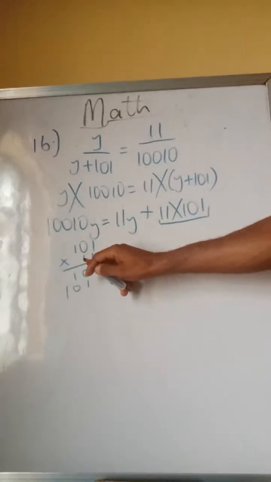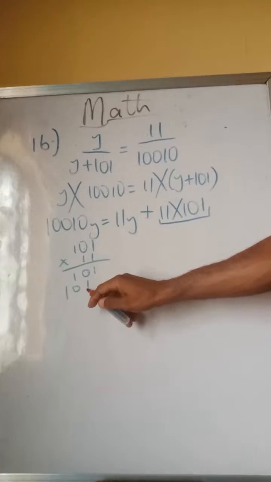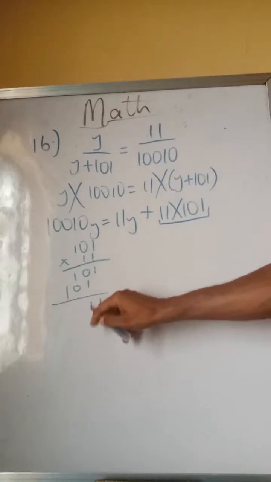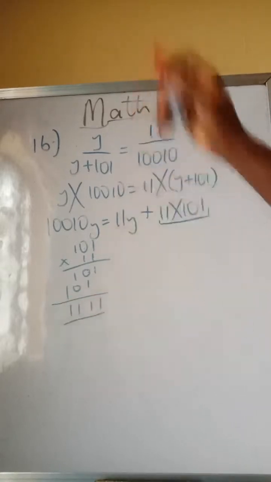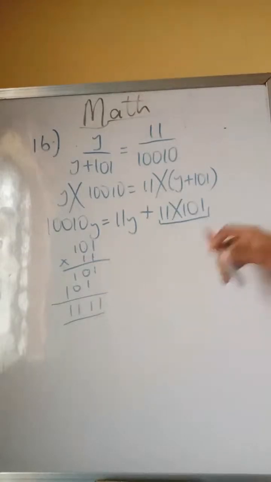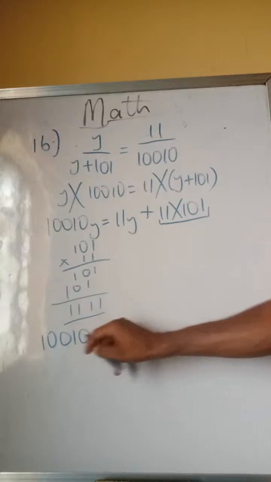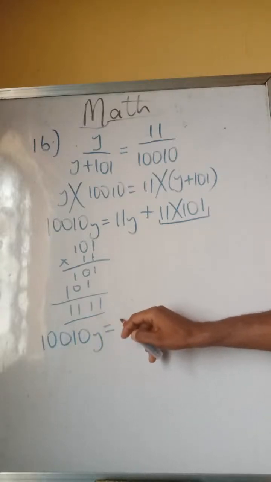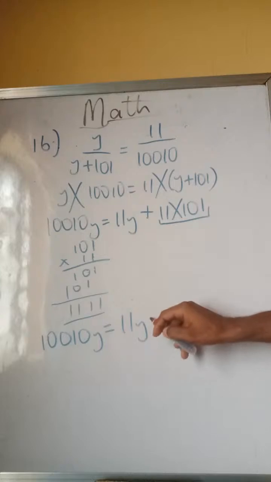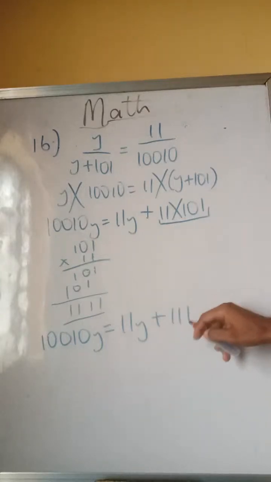The same goes with this one, and you follow it. Now add up, you have 1111. Okay, so it gives you 10010y equals 11y plus 1111.